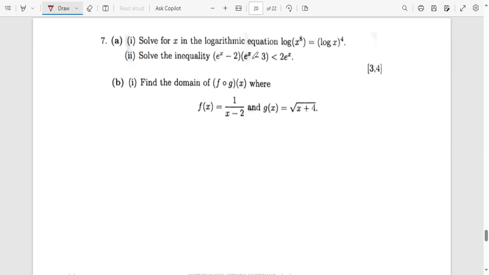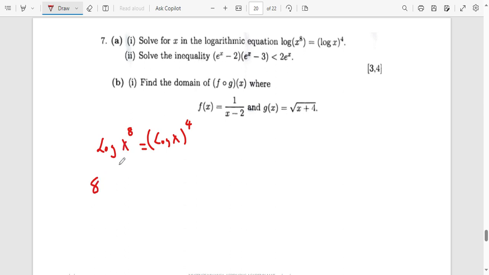So for x in the logarithmic equation, log x to the power 8 is equal to log x to the power 4. You want to solve for x. This 8 that you can see in front, I can take it down, which is a power.